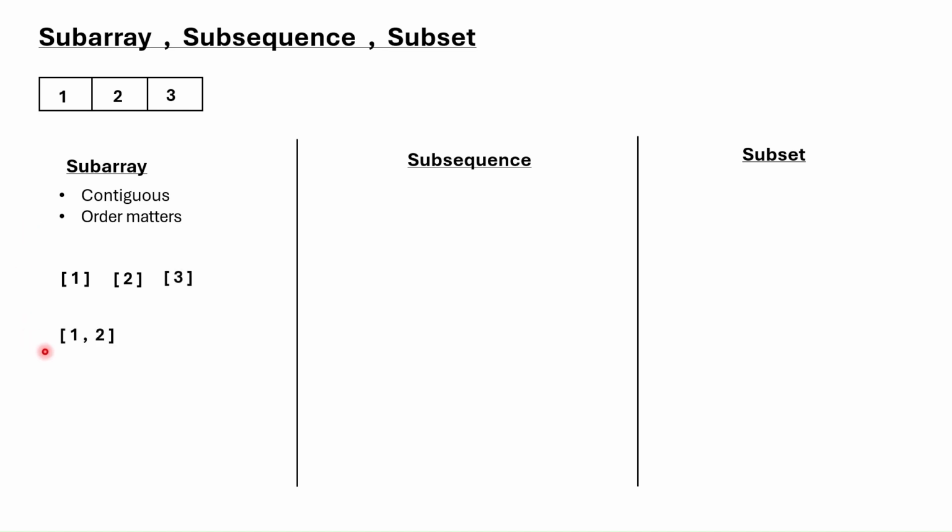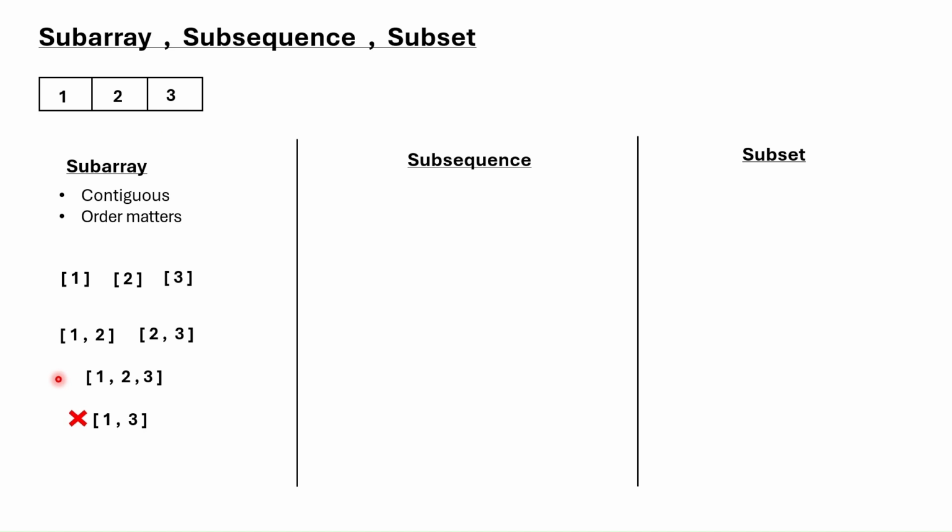Can 1 2 be a subarray? Yes, as it is contiguous and in the same order as the array. Can 2 3 be a subarray? Yes. Can 1 2 3 be a subarray? Yes, as it is contiguous and its order is the same as that of the array. Can 1 3 be a subarray? Look, 1 and 3, its order is the same. But wait, it is not contiguous. So 1 3 cannot be a subarray.